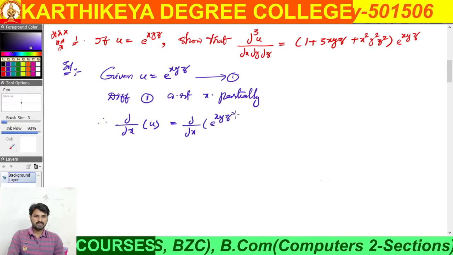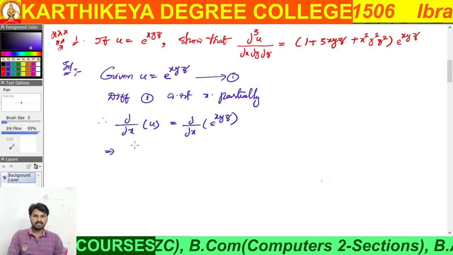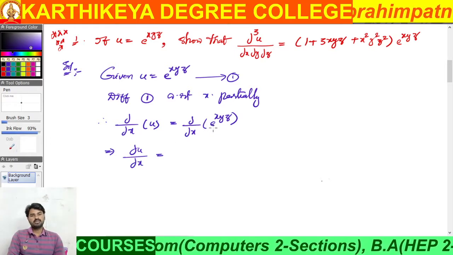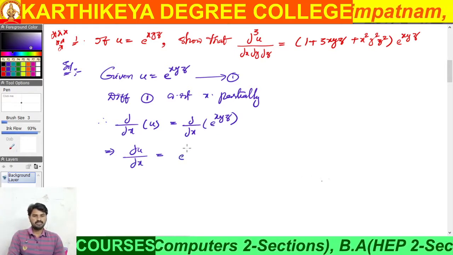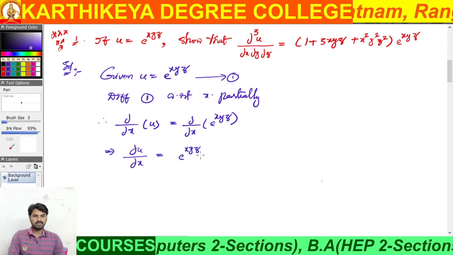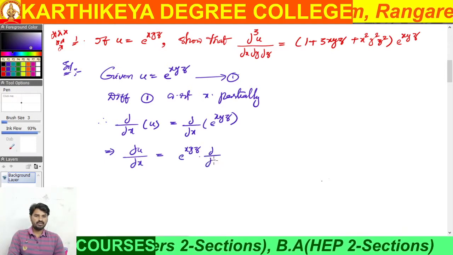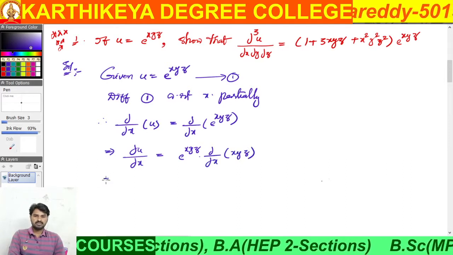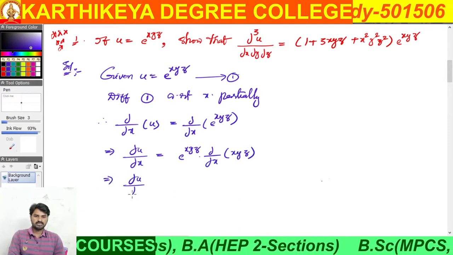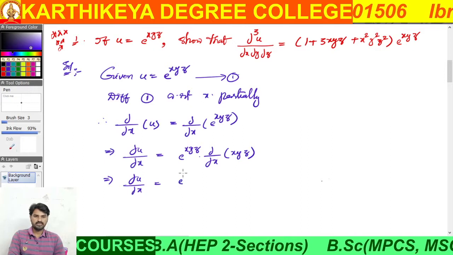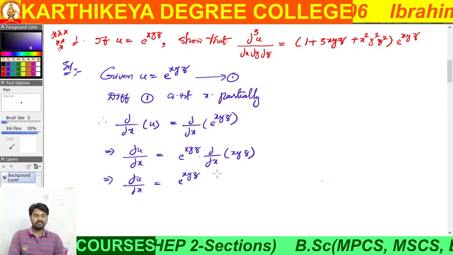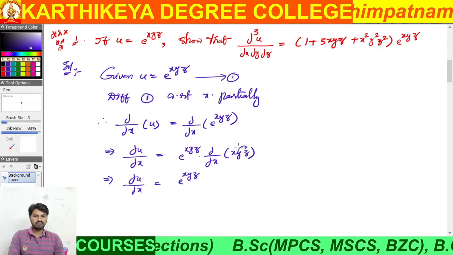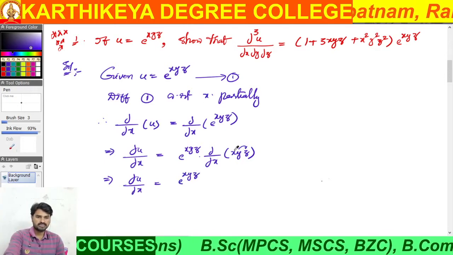So we get dou u by dou x is equal to, here the derivative of e power x formula is e to the power of this one. Again we differentiate the function xyz. So here remember students, we are differentiating with respect to x. We treat the remaining variables y, z as constants.